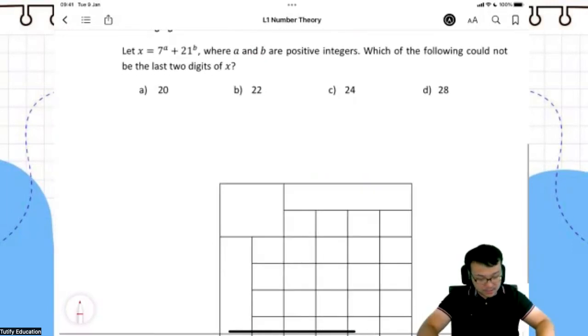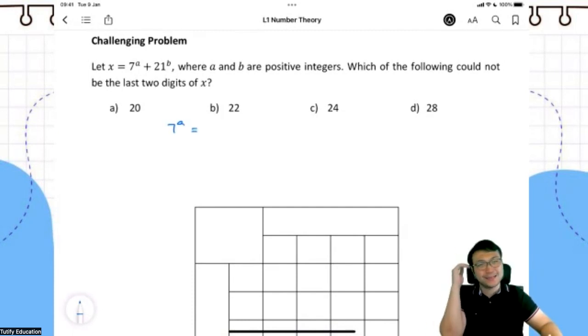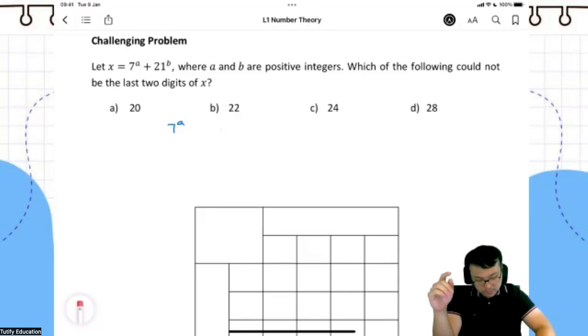So let's just take an example. Let's say I have 7 to the power of A. Of course, I do not know what A is. Let's say A starts from 0. Anything to the power of 0 equals 1, so the last 2 digits should be 0, 1.